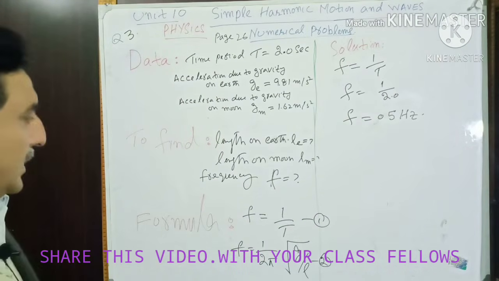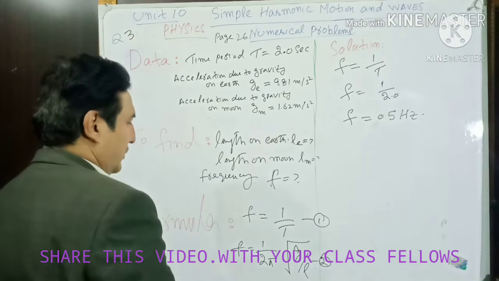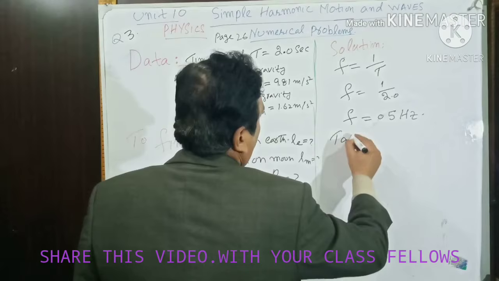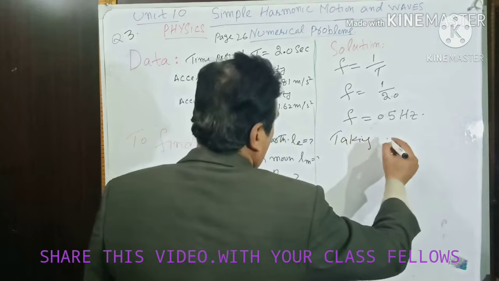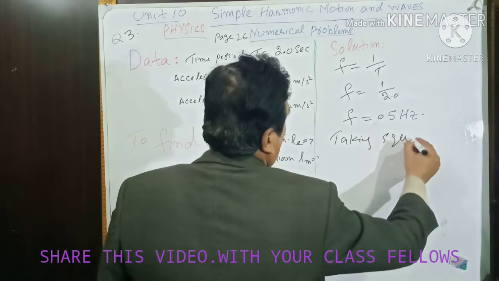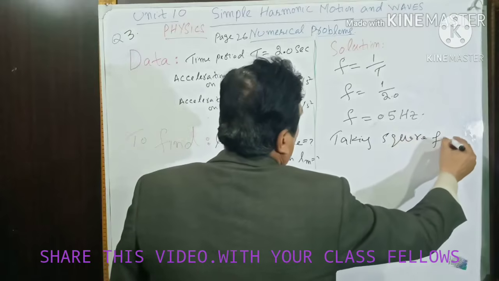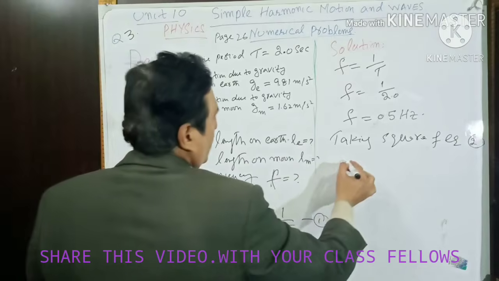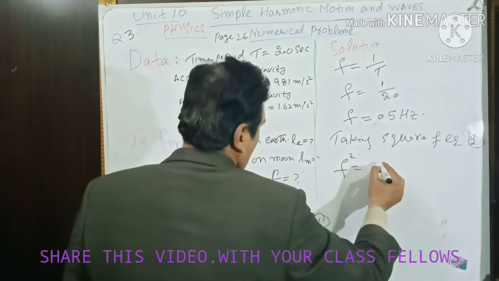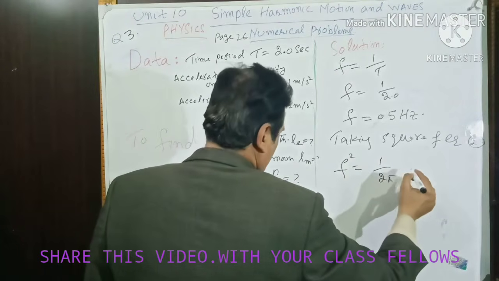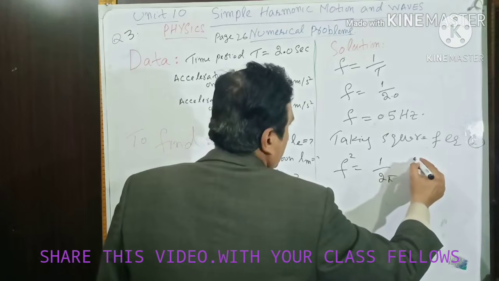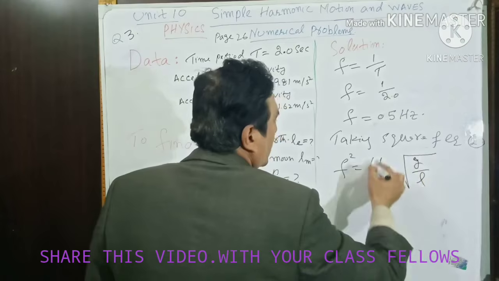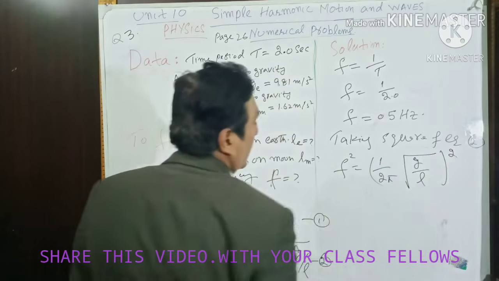Now we will find the length using this formula. First, taking square of equation 2, F square is equal to 1 by 2 pi under the root G by L, whole square.